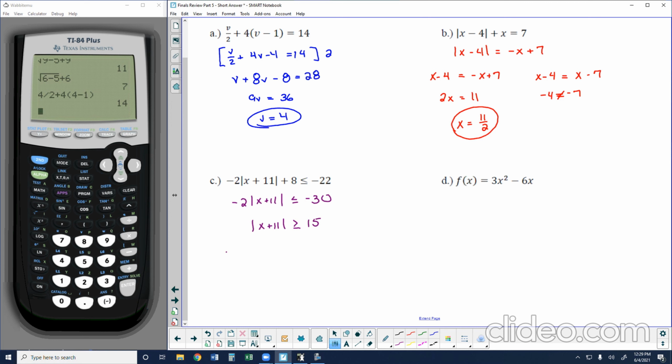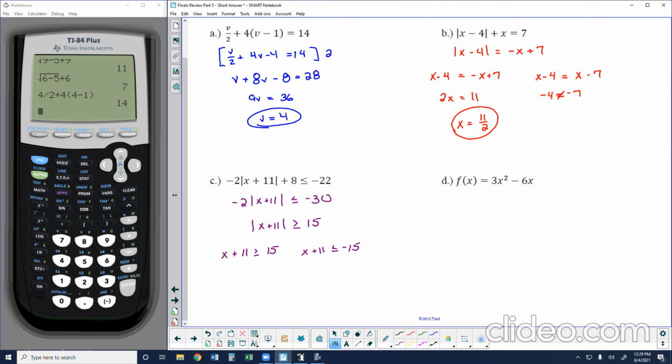Now, in getting rid of my absolute value, I need to consider two cases where x plus 11 is greater than or equal to 15, but also where x plus 11 has a relationship to the opposite, or -15. Now remember, if I change the sign here of -15 and change it to negative, I need to change the direction of my inequality.